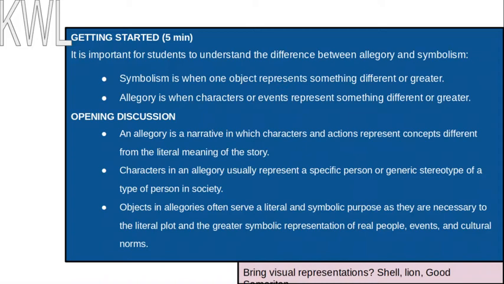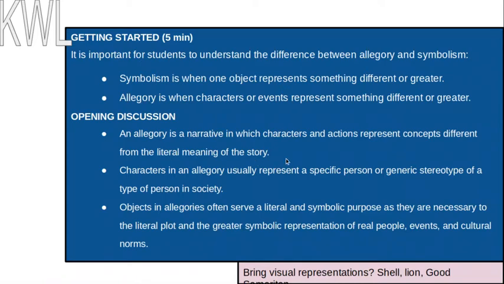And allegories are a little bit harder to think of because you have to think outside of the box as to what that character represents, or what the event is representing as a whole. So an allegory is a narrative, a story in which characters and actions represent concepts different from their literal meaning.